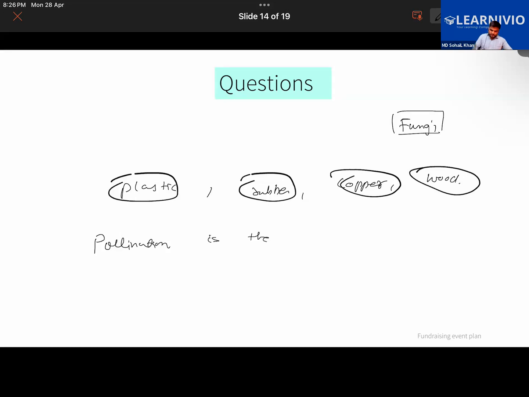Pollination is the transfer of pollen from where to where? Is it from ovary to stigma, anther to stigma, anther to ovule, or stigma to anther? Anther to stigma. Good.